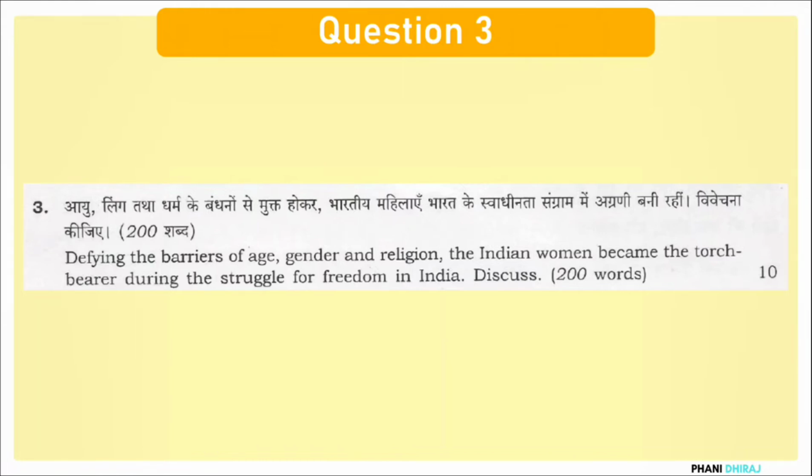So what are the important points that you have to touch upon when answering this question? First, the Indian woman, right? The role of Indian women in the Indian freedom struggle. You have to highlight their contribution to India getting its independence.